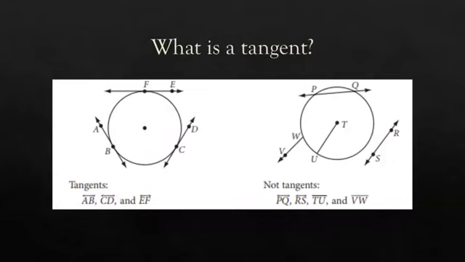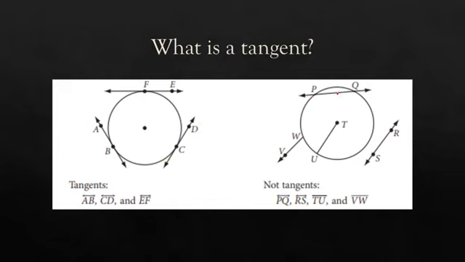Last definition for today, what is a tangent? EF is a tangent, and AB and CD. PQ is not, and RS is not, and TU is not, and VW is not. I'm seeing that all of the tangents are lines, not line segments this time.